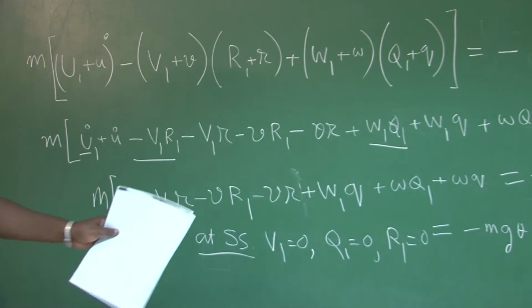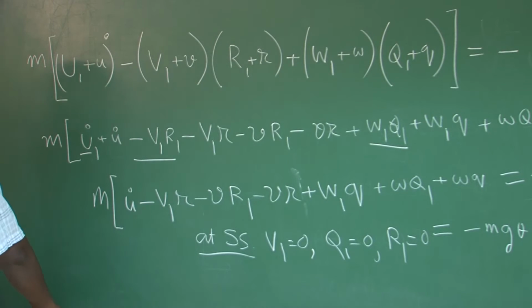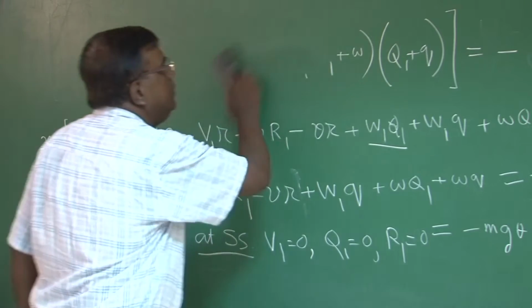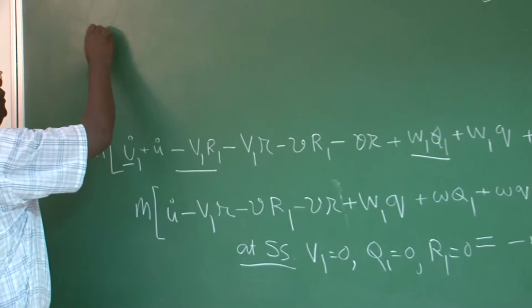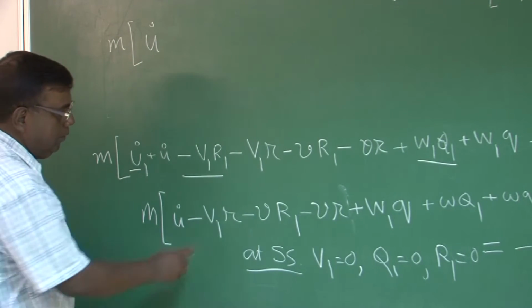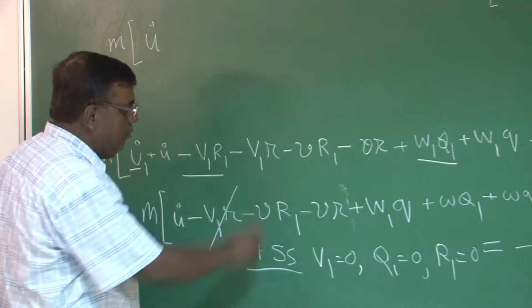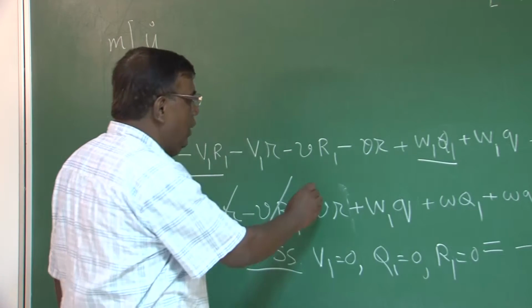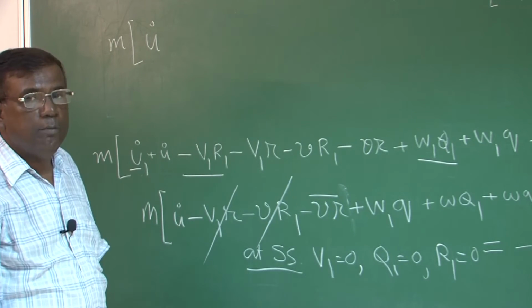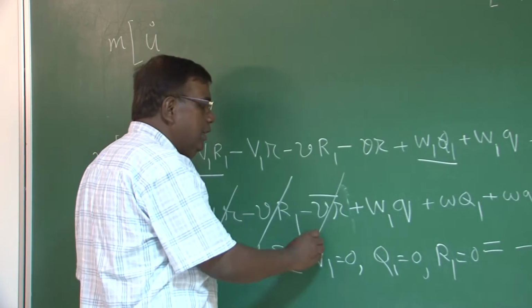If I now put this condition in this equation, what do I get? I get something right at the top. I will get the equation m u dot, V1 is 0, this goes, R1 is 0, this goes, V into R is the product of two small quantities. We are talking about small perturbation, so this also vanishes.